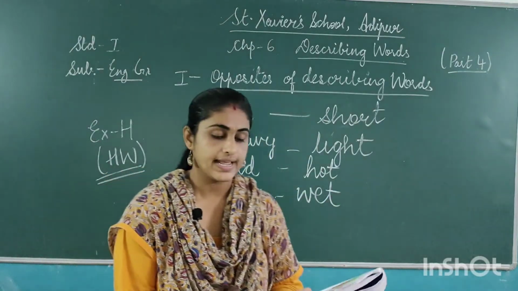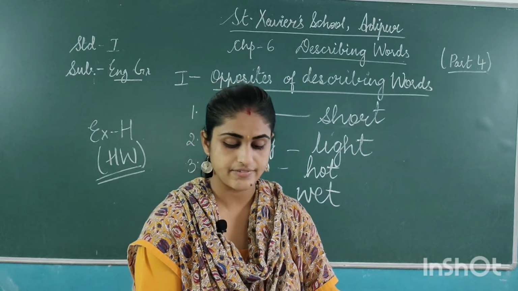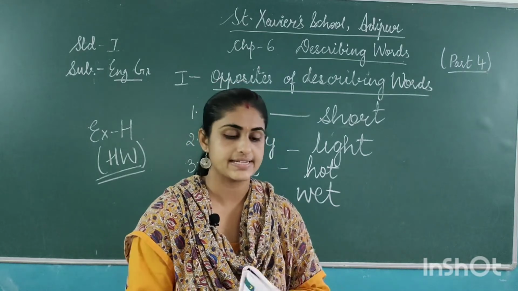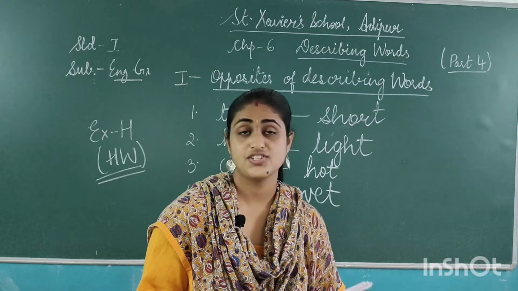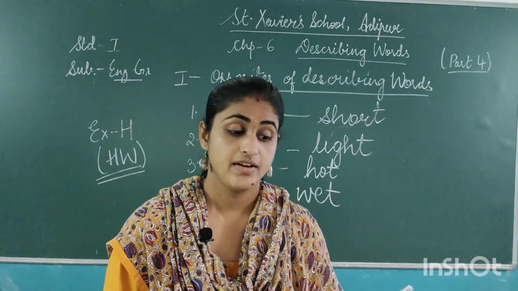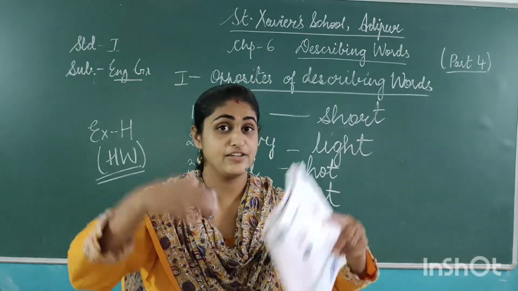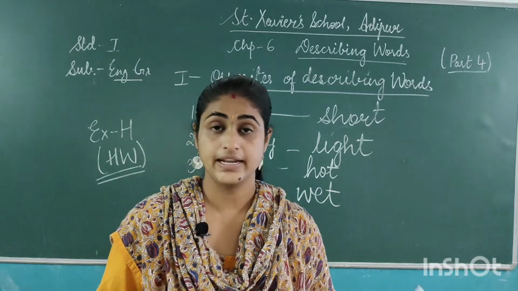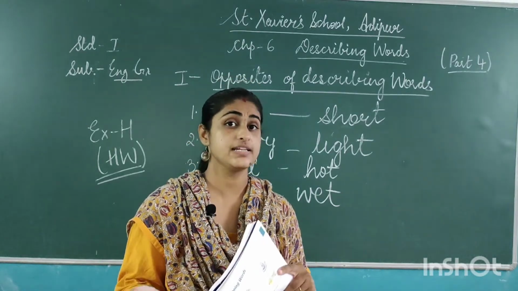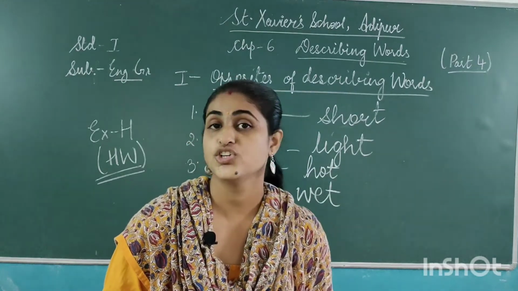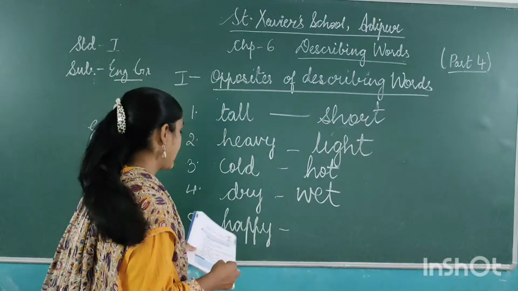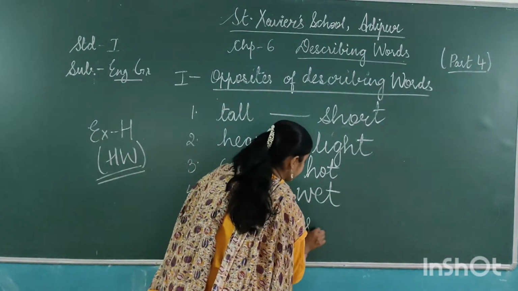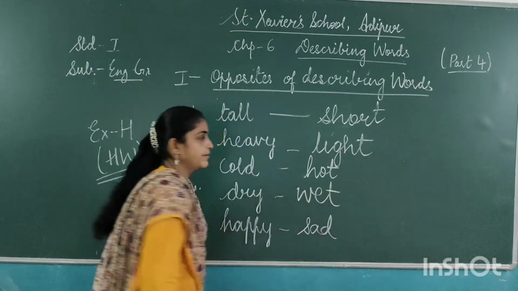Understood? Next, that is given on page number 28. Sanjeev is happy. Reema is dash. Sanjeev is very happy. But what is Reema? The opposite of happy is sad. So she is sad. Happy, sad. SAD, sad.